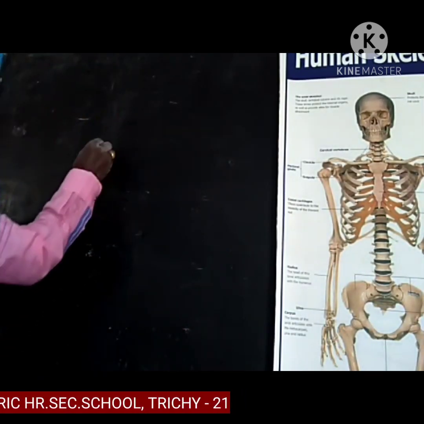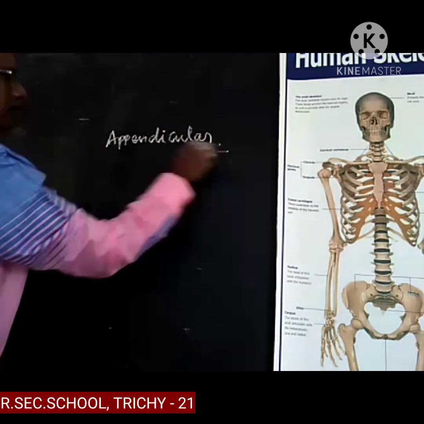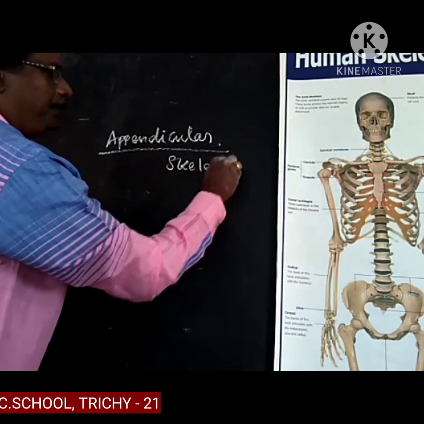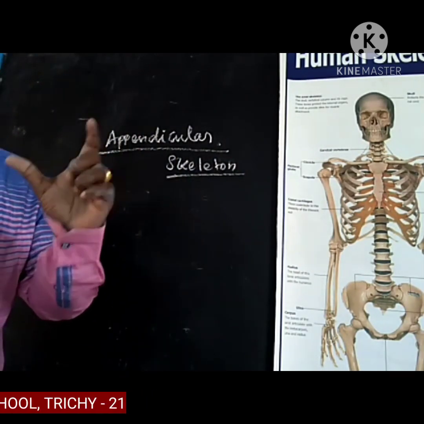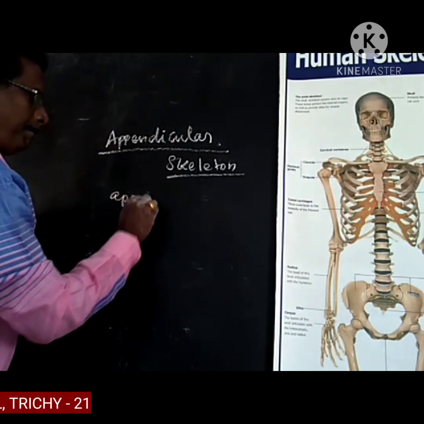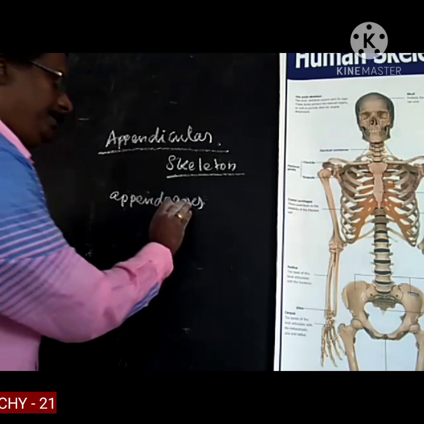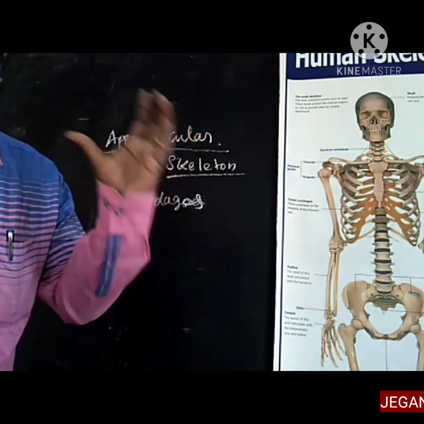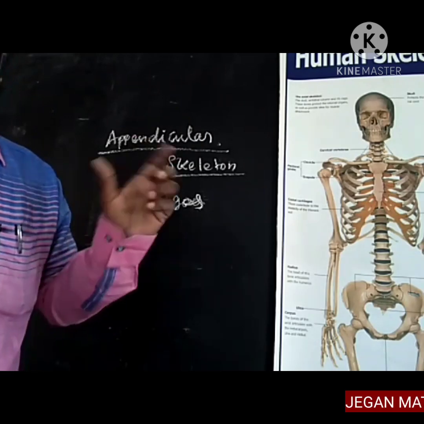The appendicular skeleton contains the bones in the appendages of the body, as well as the structures that connect the appendages to the axial skeletal system.